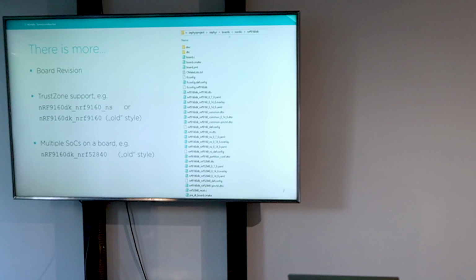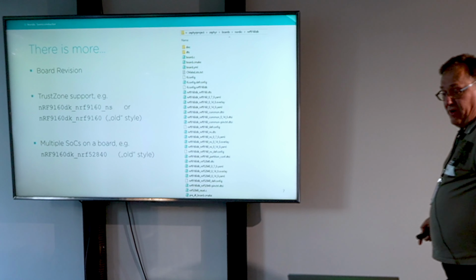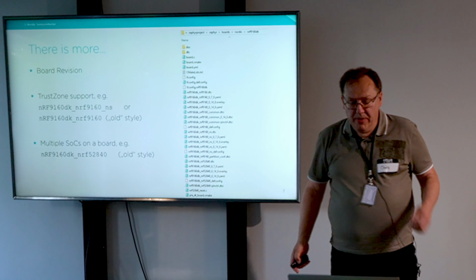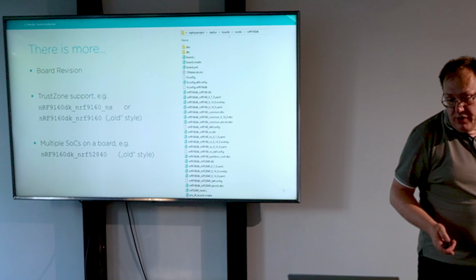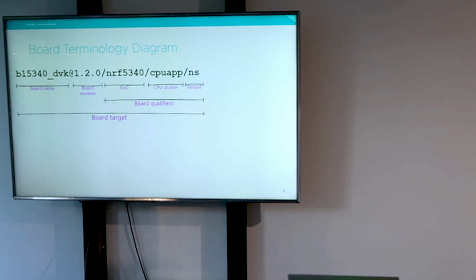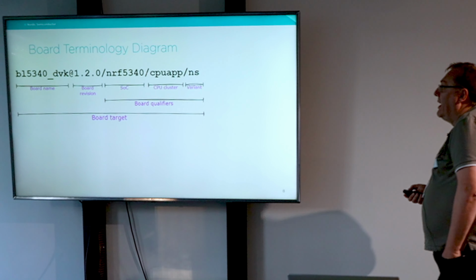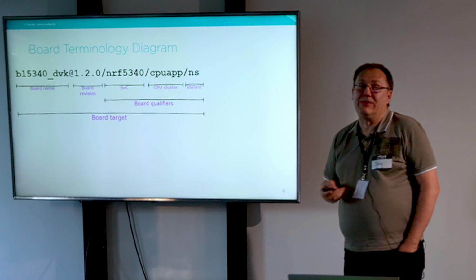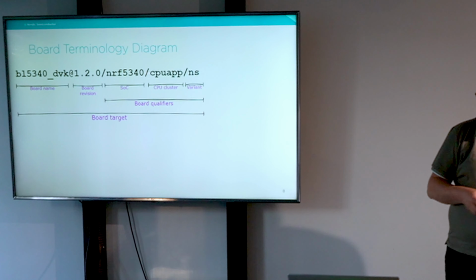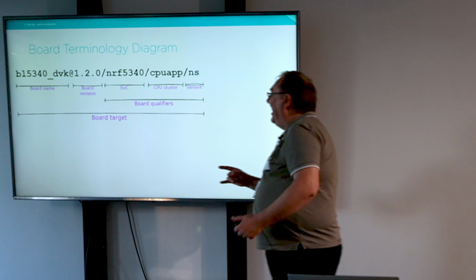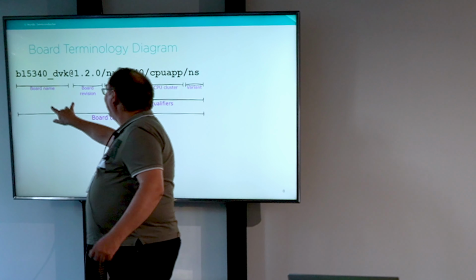So different things basically pushed for the new hardware model. If we now want to define a certain board, we use this way here. I have a better example on the next slide.